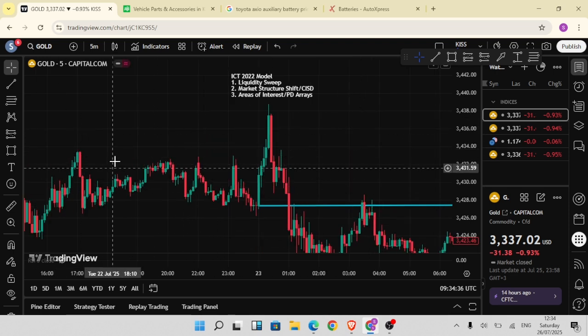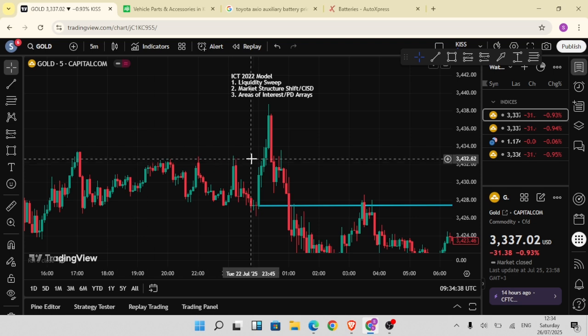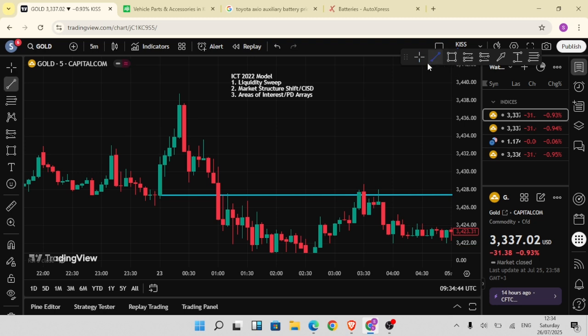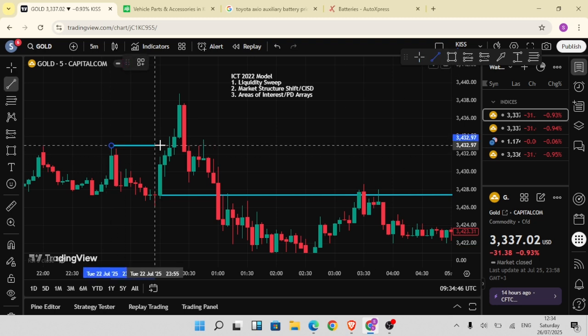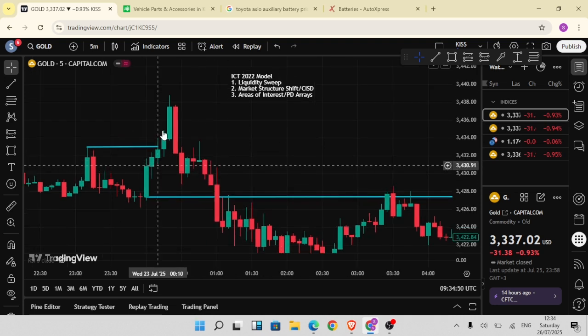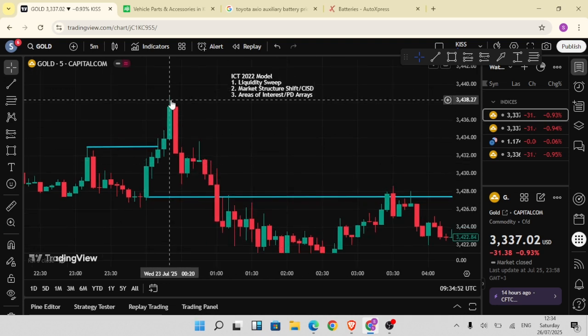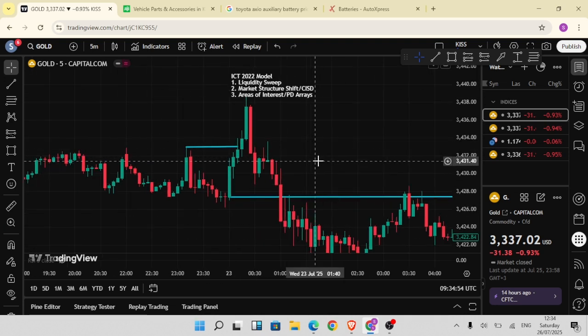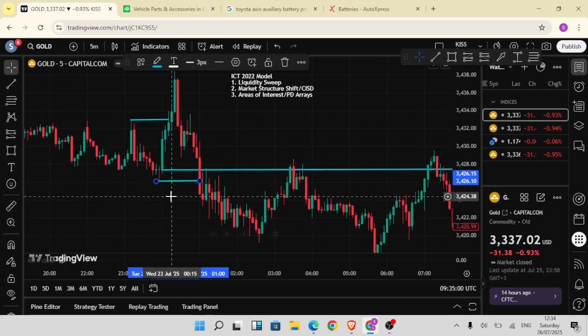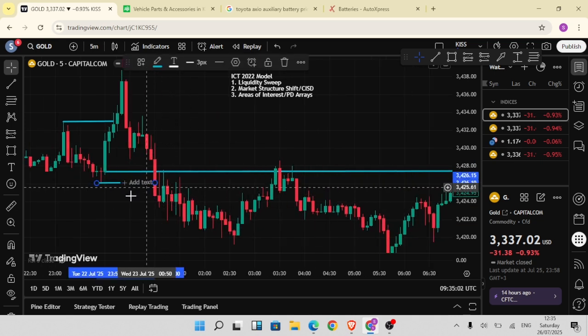In this case, it is quite ranging, meaning that there's a pool of liquidity right here. The liquidity sweep is when this high is taken out. And then as it is taken out, price goes up and drops lower. When it drops lower than this low right here, this is our market structure shift.